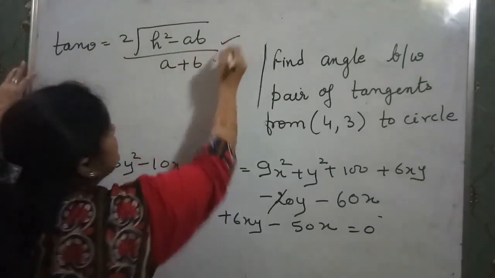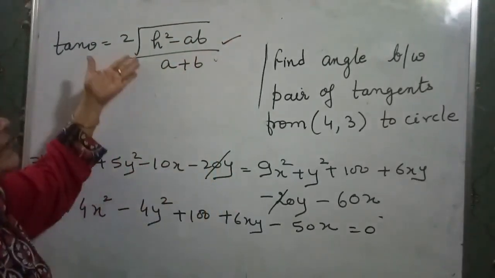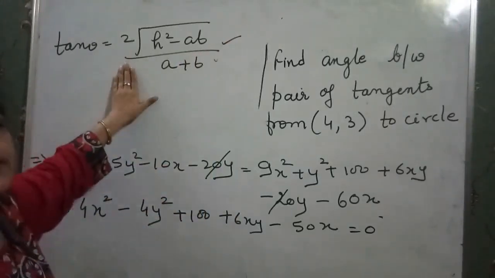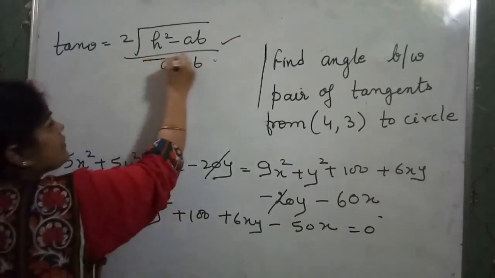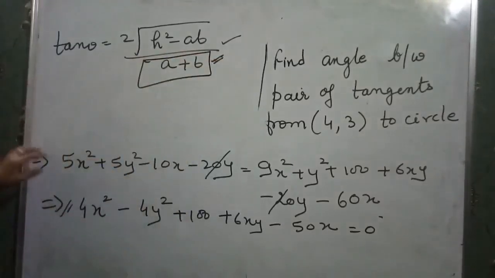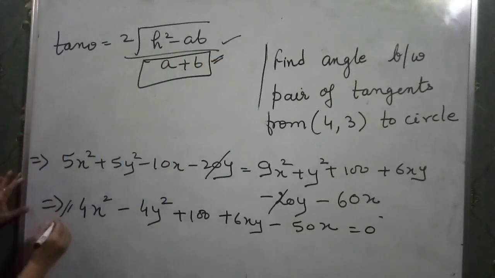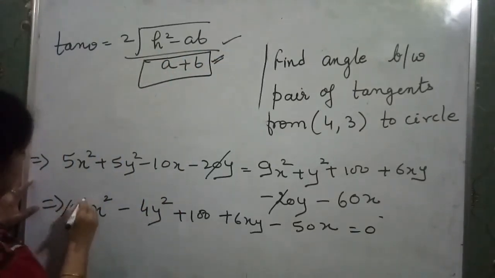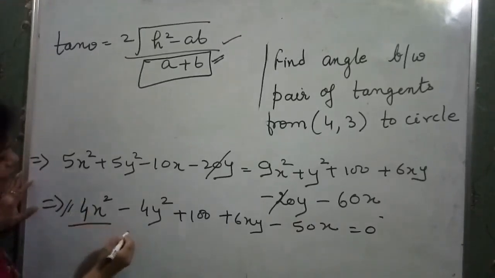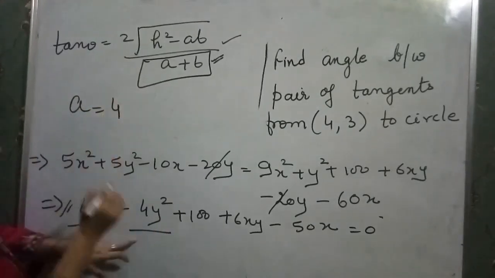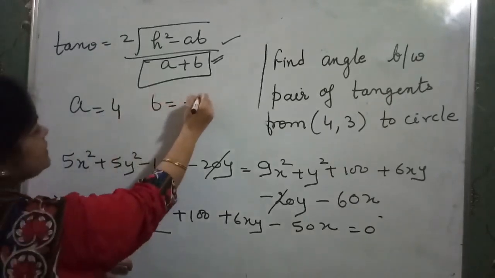This is the angle between two lines, but the two tangents are also two lines, so the same formula is used. Firstly you observe what the value of a plus b is. Comparing with that, the value of a is 4 and the value of b is minus 4.